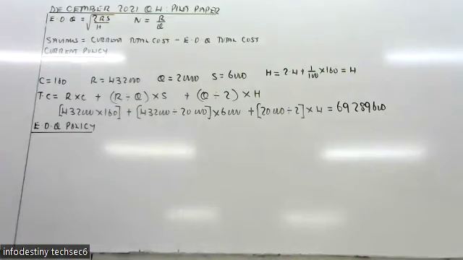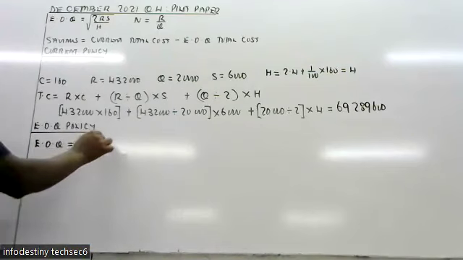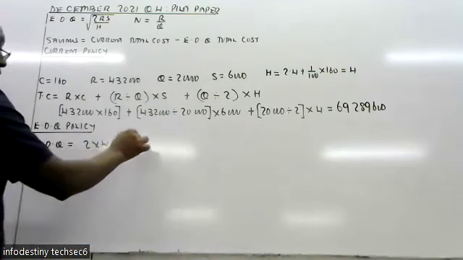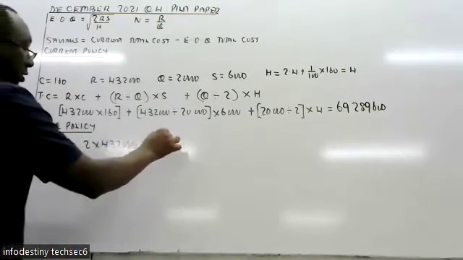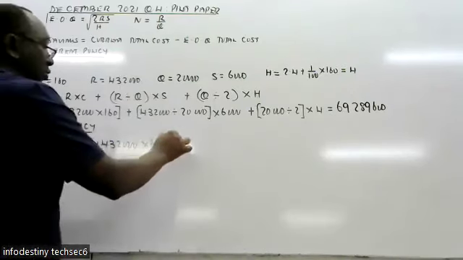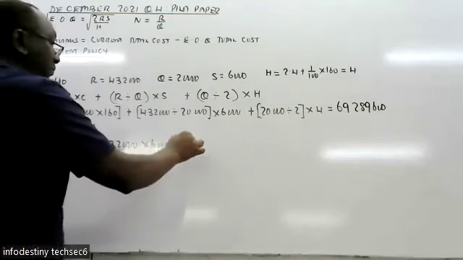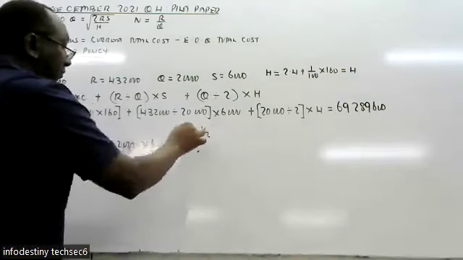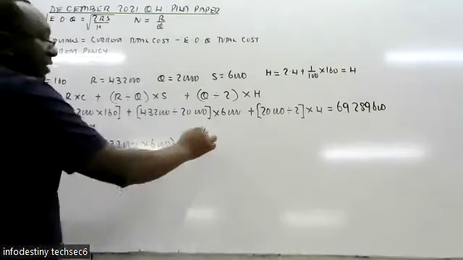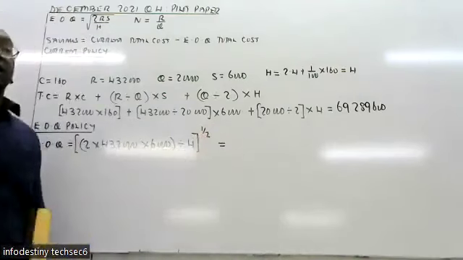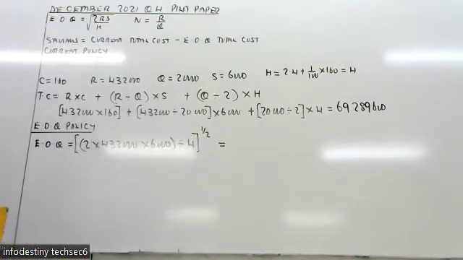Okay, so then we proceed. For the EOQ policy, EOQ will be 2 times 432,000 times 6,000, you divide this by 4, raised to the power half. Remember, raising to the power half is the other way of getting the square root.